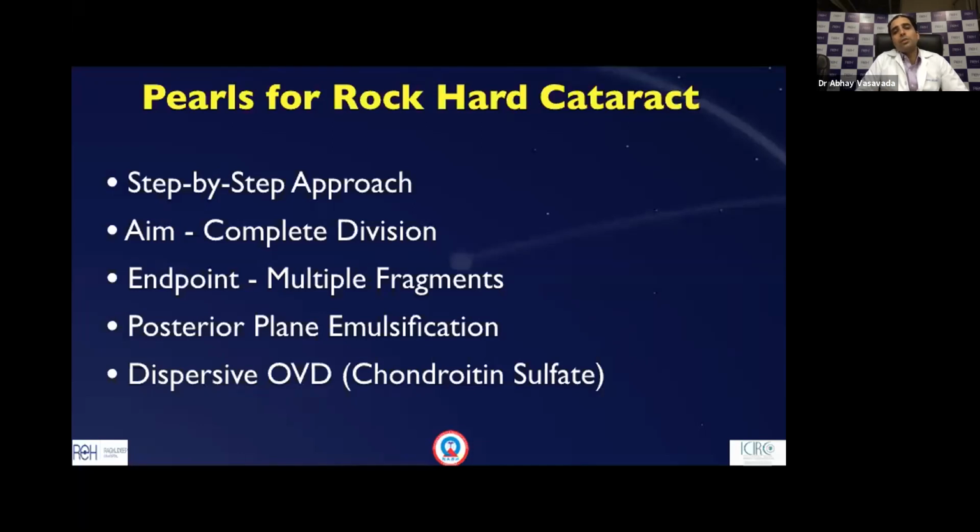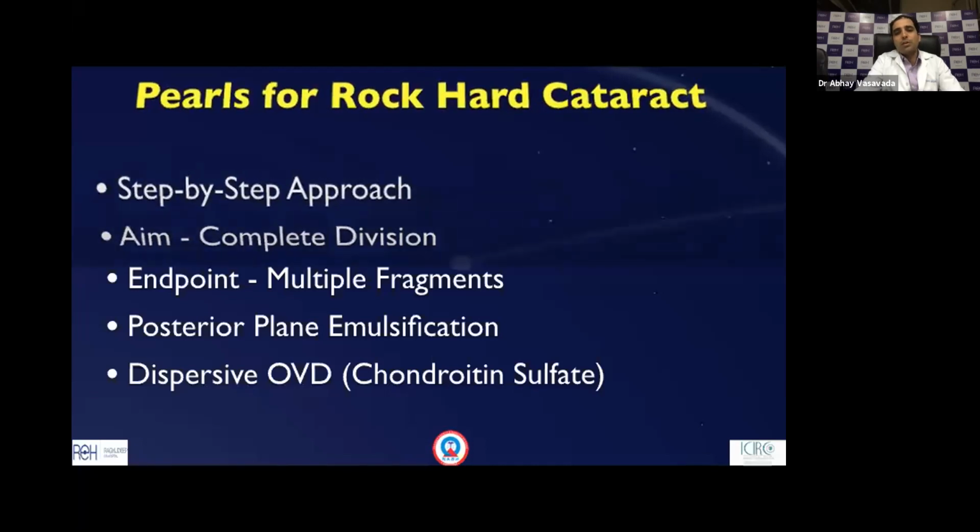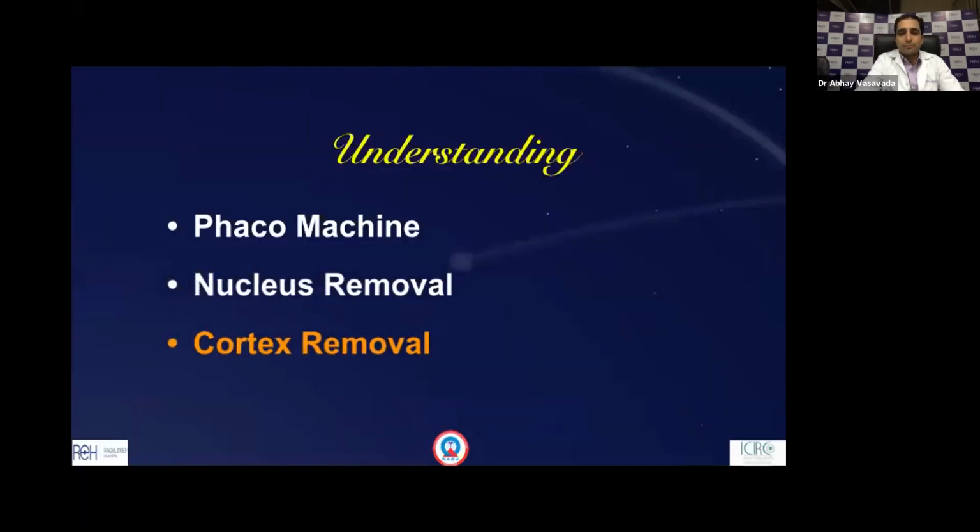And repeated use of dispersive OVDs or viscoelastics. So even if you are not using it as a routine in all your cases, I would highly recommend to keep a dispersive viscoelastic in your operating theater, which you should definitely use in cases of a hard cataract.